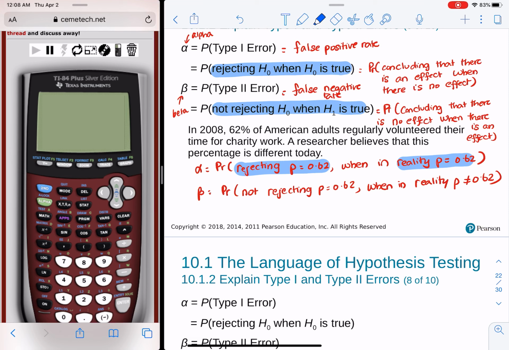If the truth is that the proportion of American adults who regularly volunteer their time for charity work is not equal to 0.62 or 62%, in other words, our test should have rejected the null and should have concluded that p is not equal to 0.62, but we ended up concluding, oh, we're not going to reject it. Everything is the same since 2008. Nothing has changed. So we made an error.